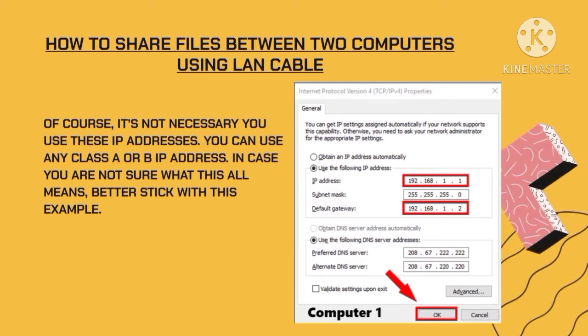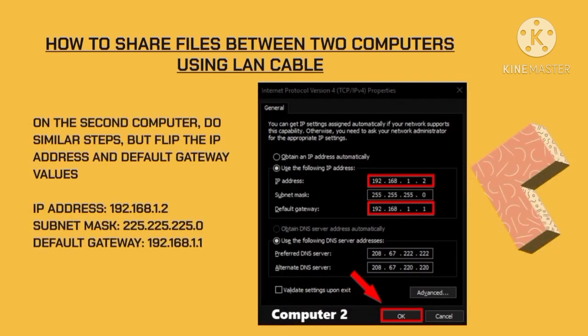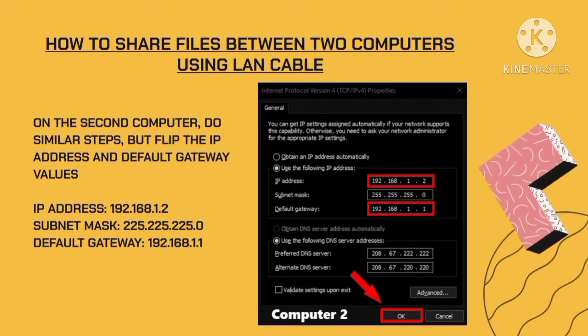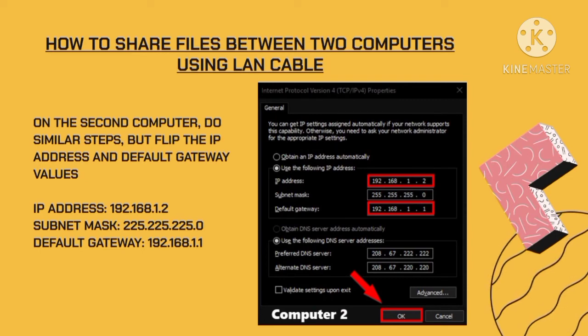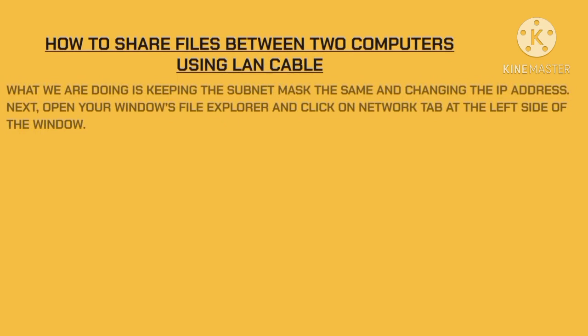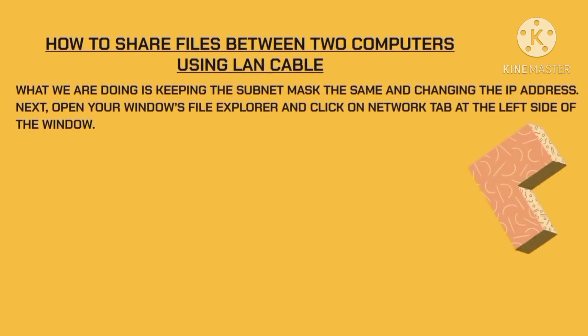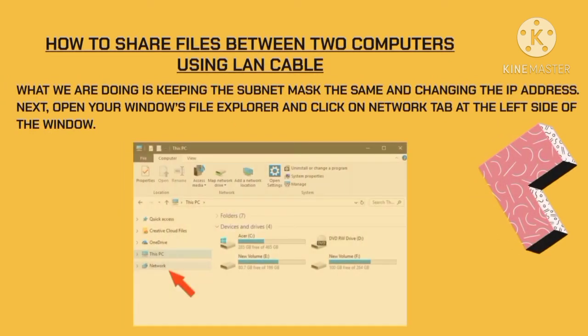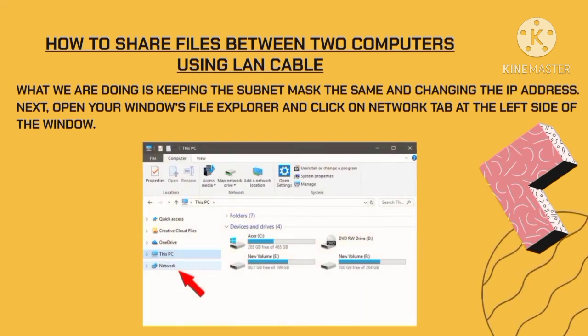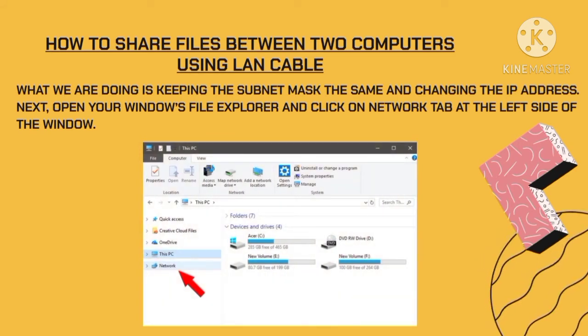You can use any IP address. On the second computer, do similar steps but flip the IP address and default gateway values. What we are doing is keeping the subnet mask the same and changing the IP address.